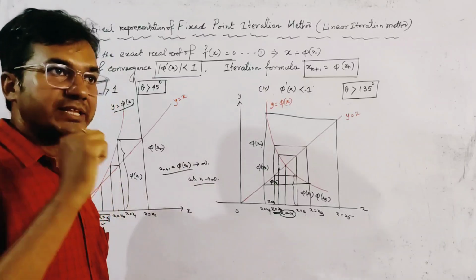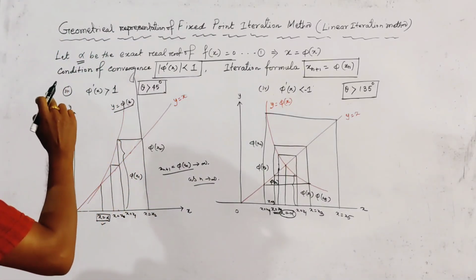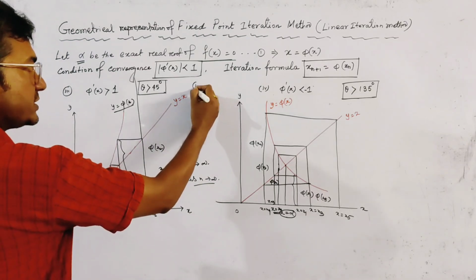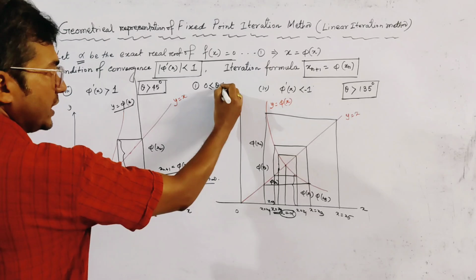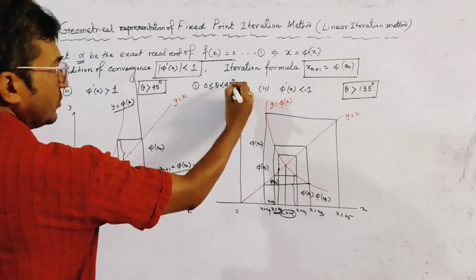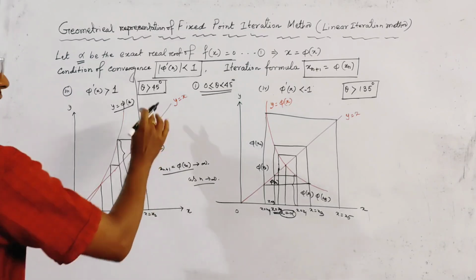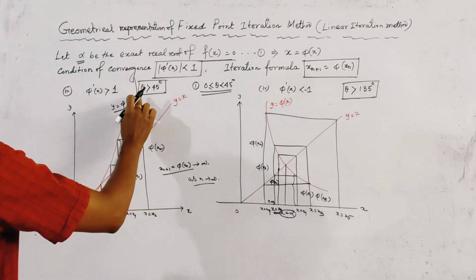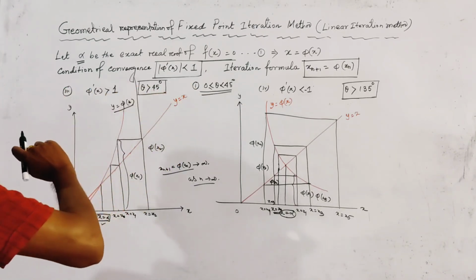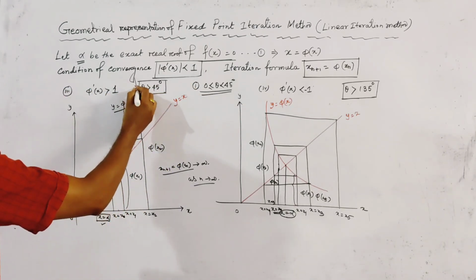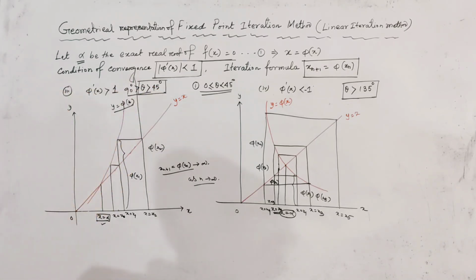Hence we can say that if the tangent of phi of x makes an angle in the first case 0 less than or equal to theta less than 45 degrees, then this is the case of convergence. And if it makes an angle greater than 45 degrees, up to 90 degrees, then this is the case of divergence.